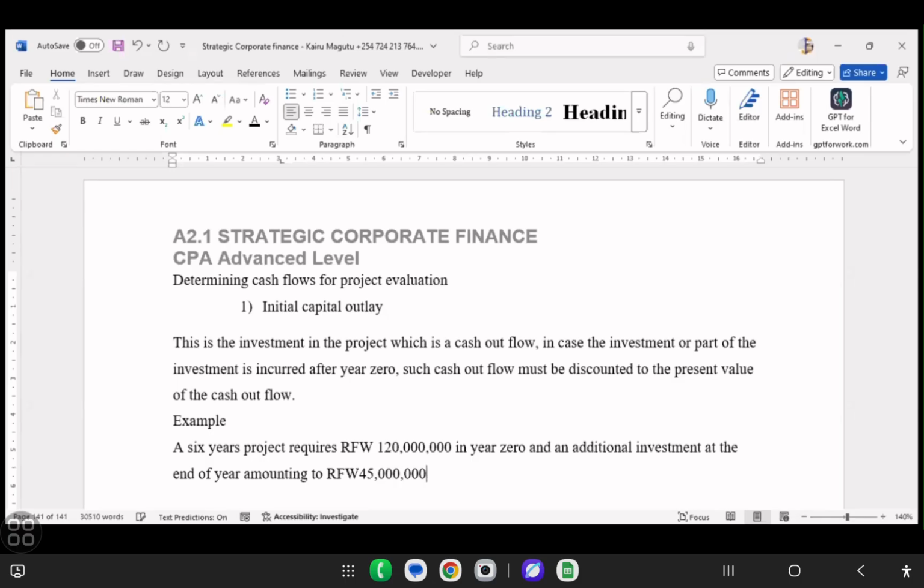We are investing 120 in year 0, but at the end of the 4th year, another 45 million is invested. So the question is, determine the initial capital if the cost of capital is 15%.